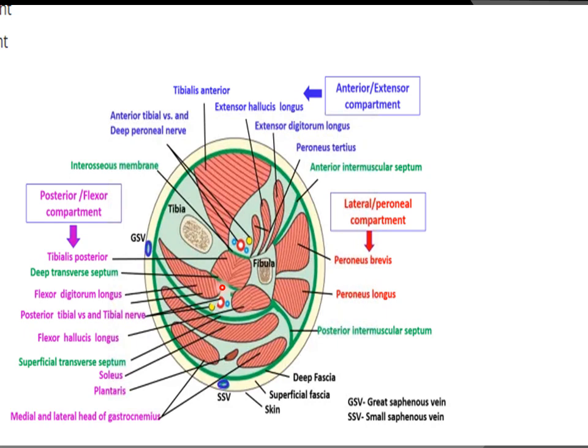With these two septa, the posterior compartment of the leg is divided into three parts: the superficial part, middle and the deep part. We shall see about these three parts in detail.